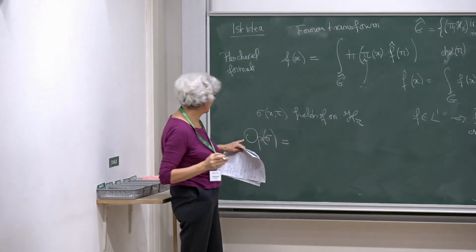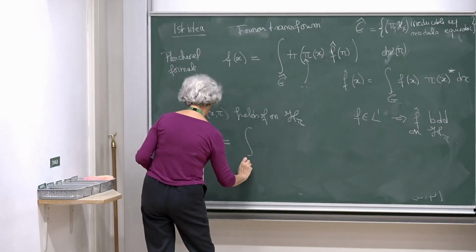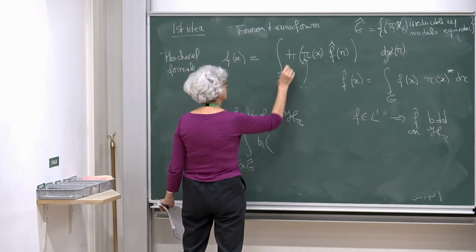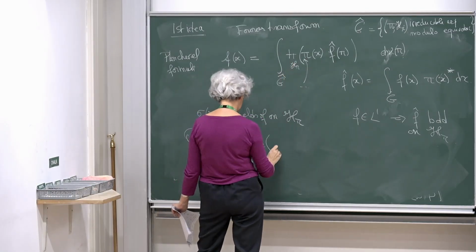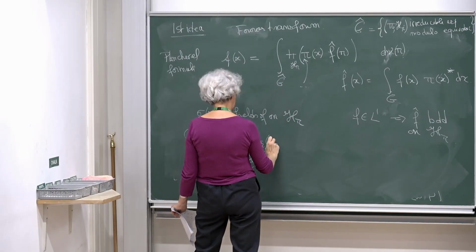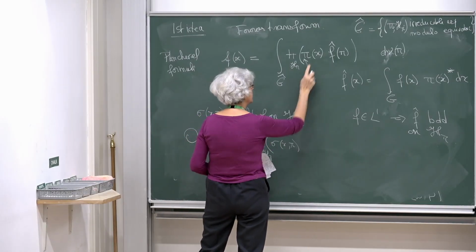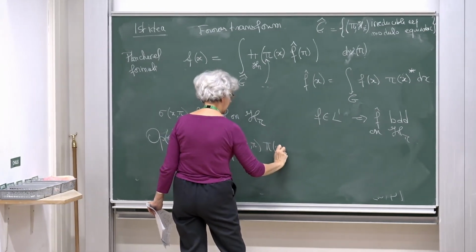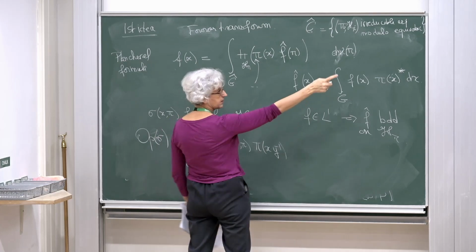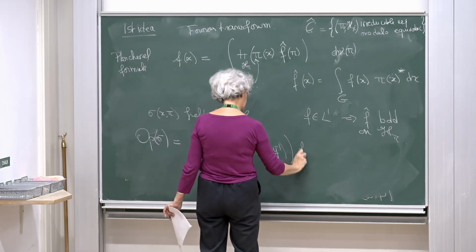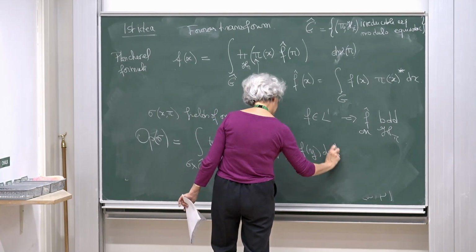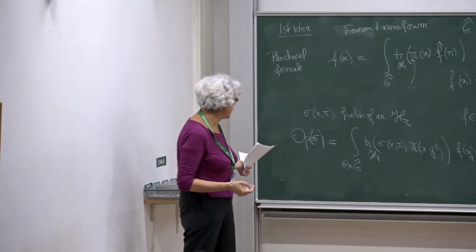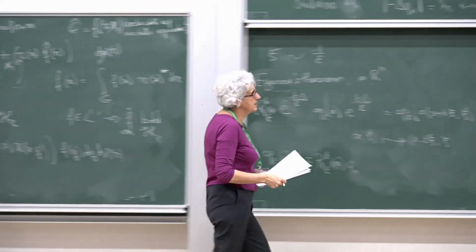They define the good class, the good condition for this to make sense. And the formula would be the integral over G times G hat, the trace over H_pi, the space of representation, of sigma of x, pi. Here, if I use the formula for the Fourier transform of f, I get pi of y^{-1}x, so it's the x minus y that we had there, and f of y, dnu of pi. Okay? So you obtain a quantization formula which plays on the Lie groups the same game as in the standard case.